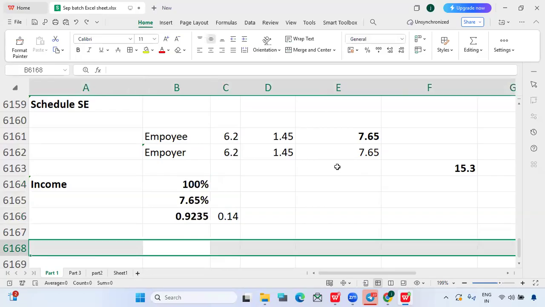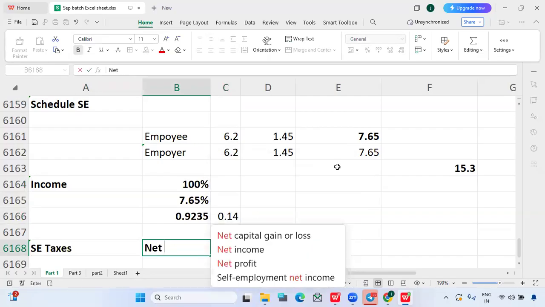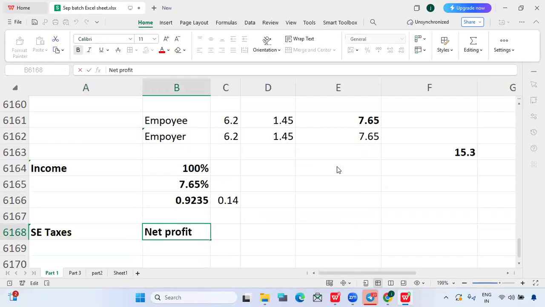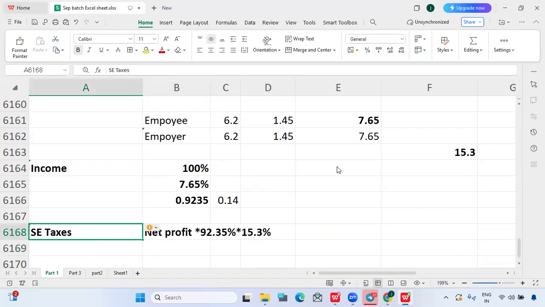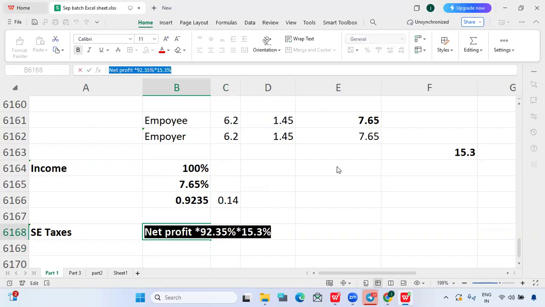So how do we calculate self-employment taxes? The SE taxes formula equals net profit into 92.35 percentage into 15.3 percentage. This is very, very important. Whenever you have a question on self-employment taxes, it is net profit into 92.35 percentage into 15.3.